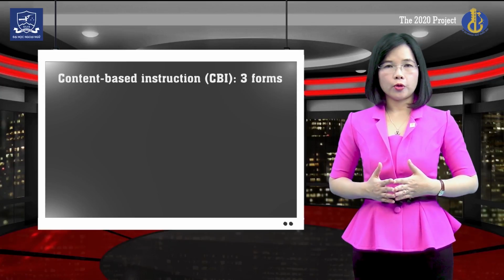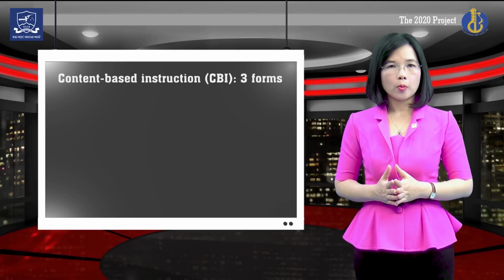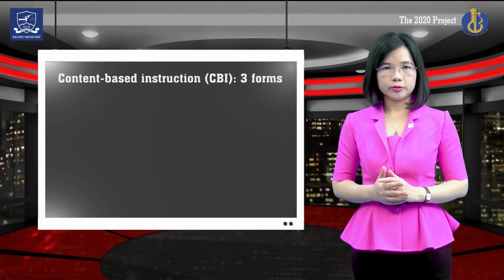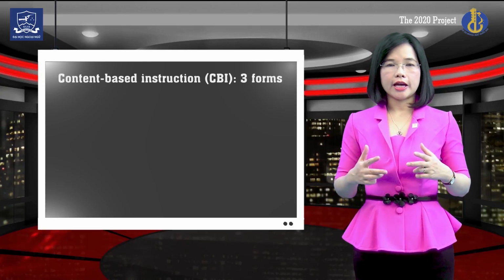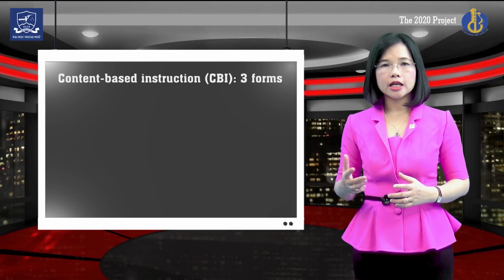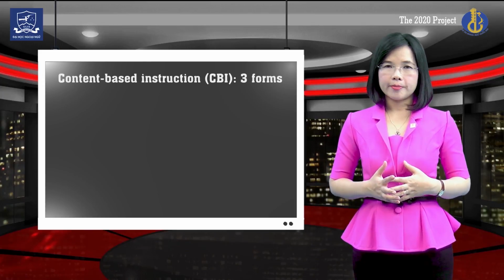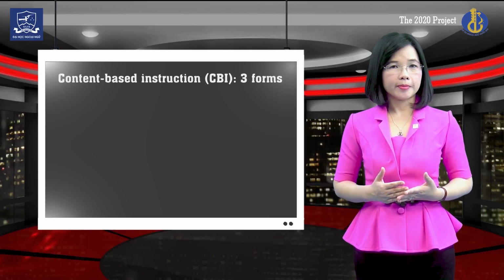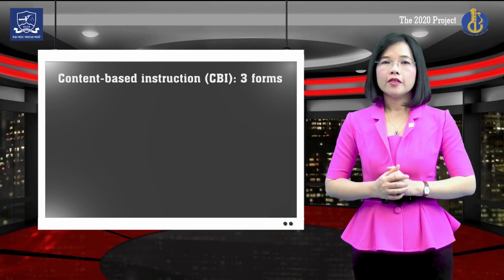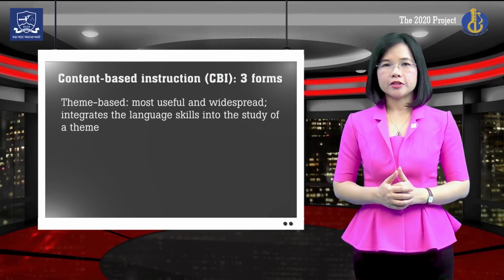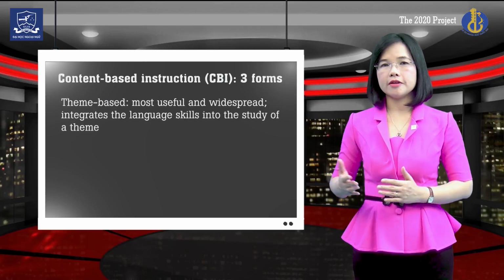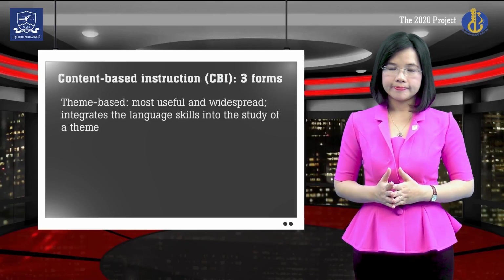The most useful and widespread form of content-based instruction is the theme-based model. It integrates the language skills into the study of a theme. For example, history, natural wonders of the world, family, etc. The theme must be very interesting to students and must allow a wide variety of language skills to be practiced.